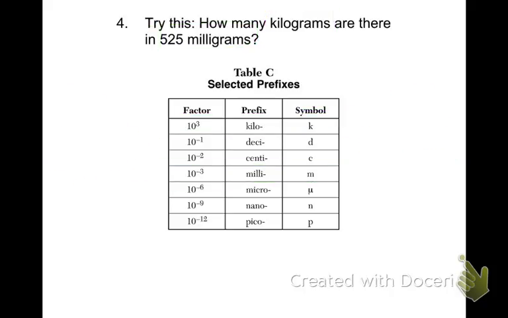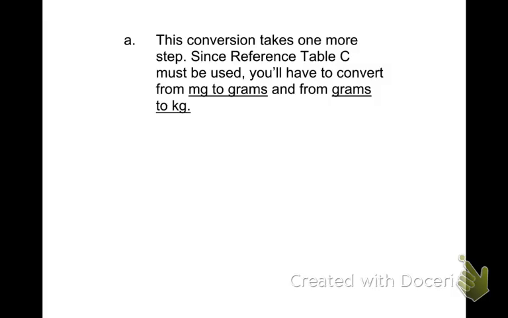If you don't have reference table C handy, please make sure that you do get that out because you will be using it for not only this particular section of the packet, but also the worksheet that comes after this. So since reference table C is used, you're going to have to convert through the base unit.